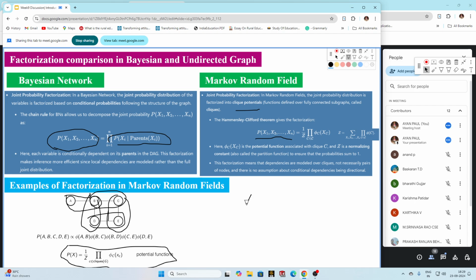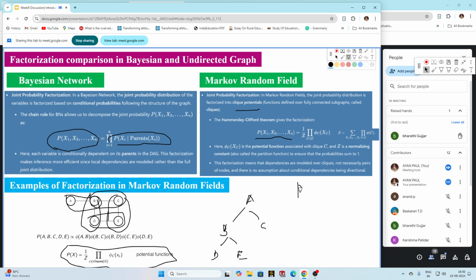So with nodes A, B, C, D and E, we first write the marginal probability of A, into probability of B given A, similarly probability of C given A, then probability of D given B, and probability of E given B. So by that we can write our probability in case of a Bayesian network, but here we will write our probability by the click potentials.